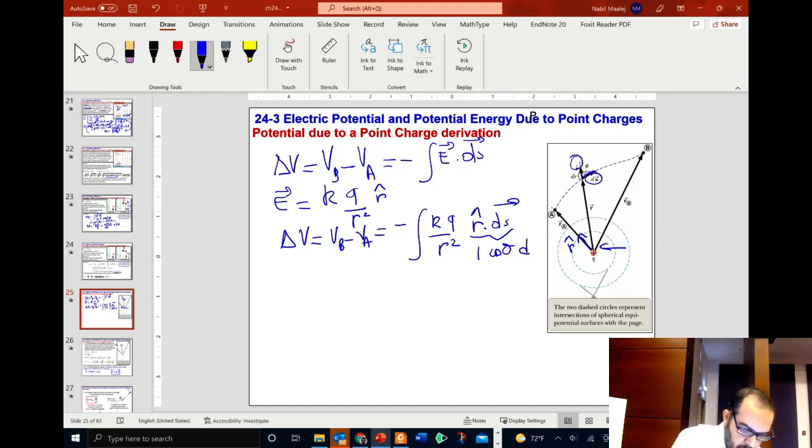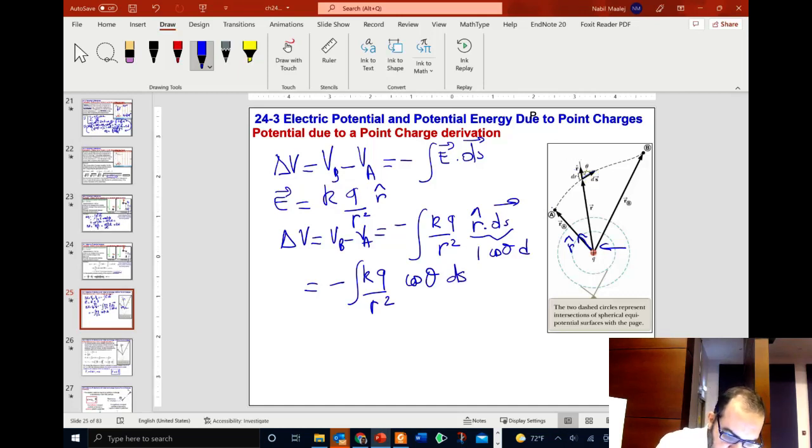So I'm going to write minus kQ divided by r squared, and replace the dot product by cosine theta ds.